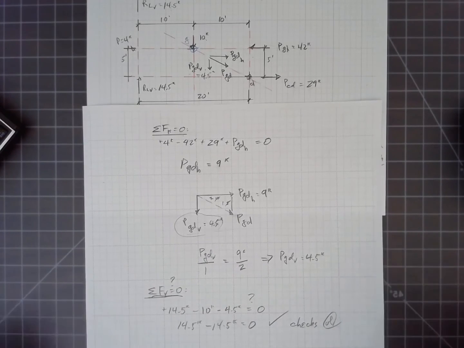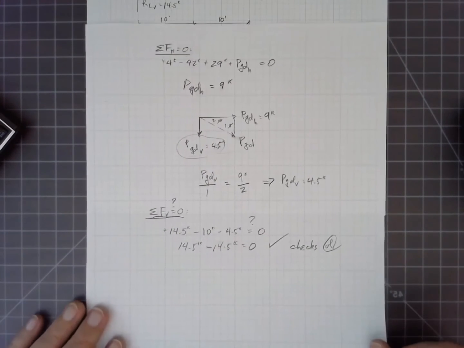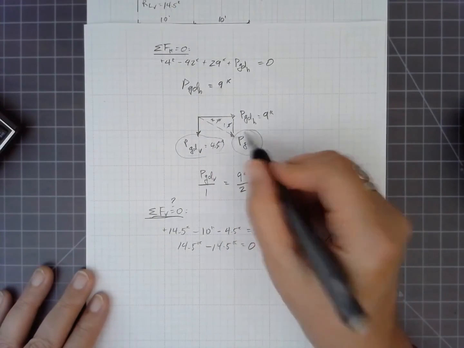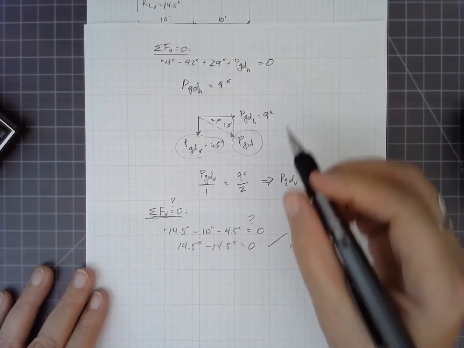So the final step when we ultimately get here is that we might be looking for the true force in GD. So for that we can use the Pythagorean theorem.